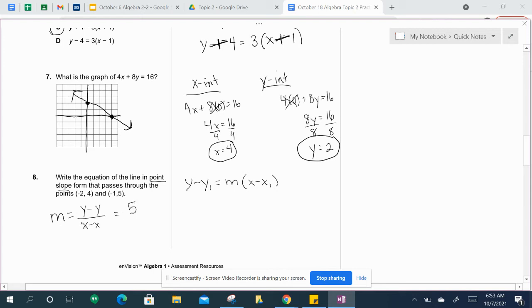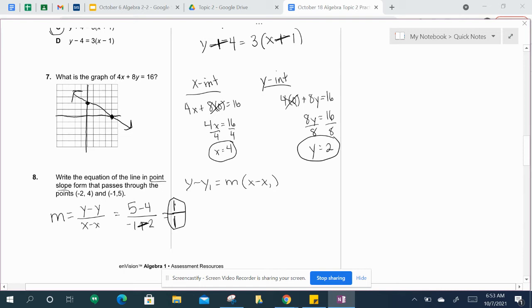In this case, I'm going to do 5 minus 4 over negative 1 minus negative 2. I'm going to clean that double negative up by adding, and so 5 minus 4 becomes 1. And negative 1 plus 2 also becomes 1, so it looks like I have a slope of 1.